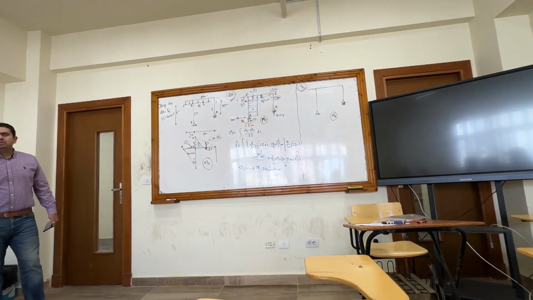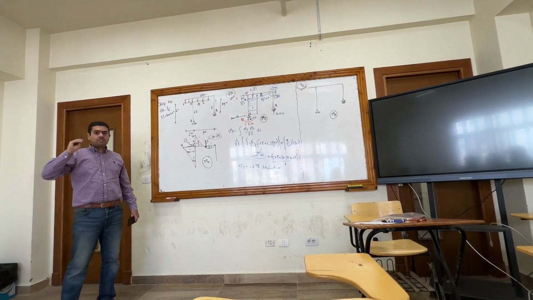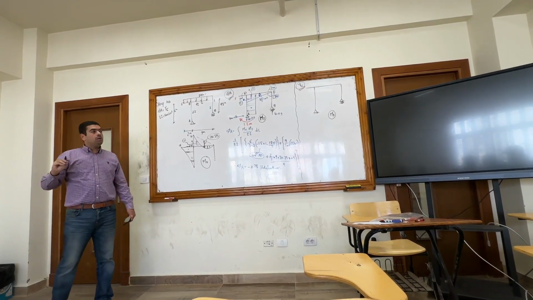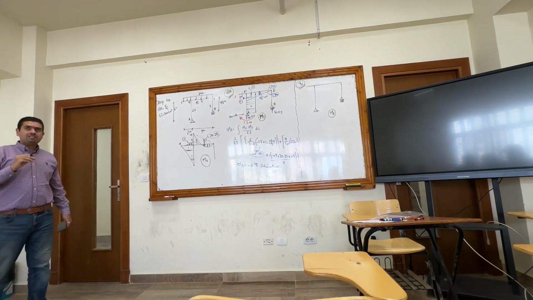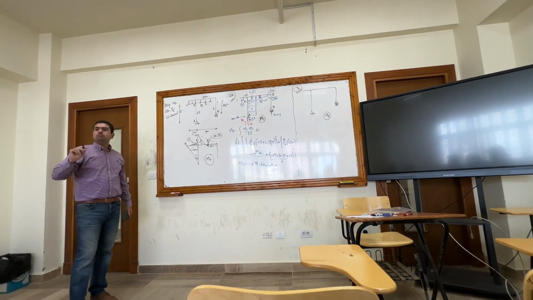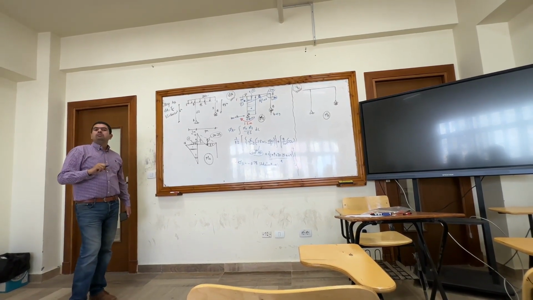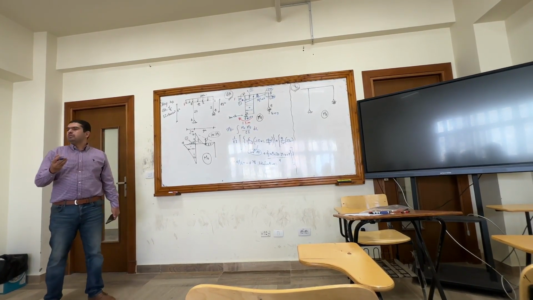Intentionally, I will ask about a vertical displacement inside a distributed load. What does that mean? When I ask you to calculate a displacement inside a distributed load, what do I have to do first?